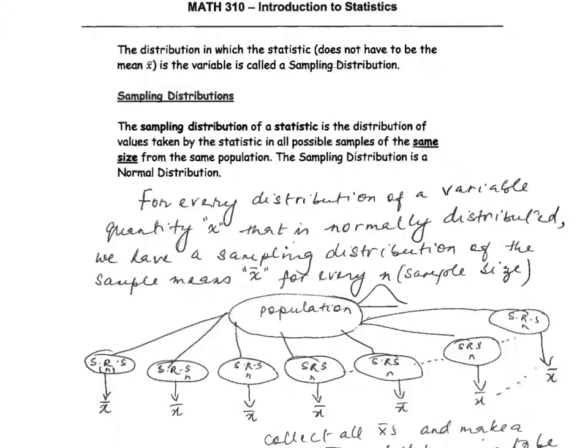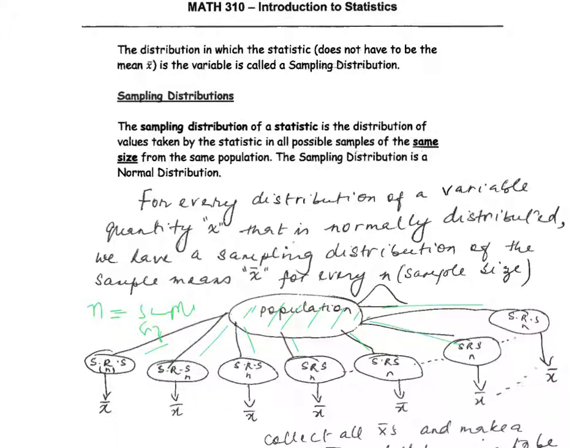Once again, here is the diagram that I have of this process. We have a population. We collect multiple samples from the population, simple random samples, unbiased samples, each of a fixed size, and here we're going to make this a general sample size, so that would be n.